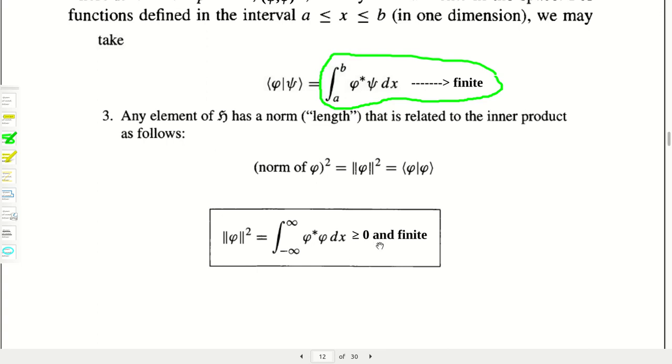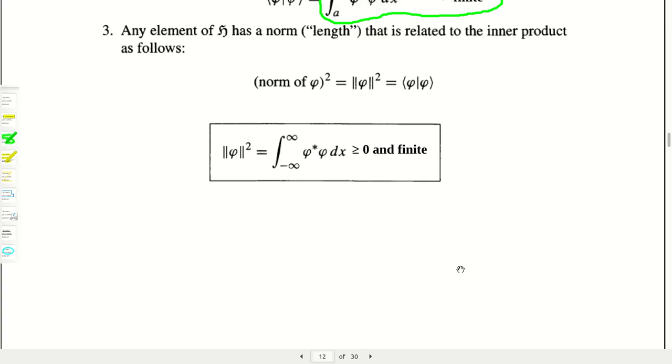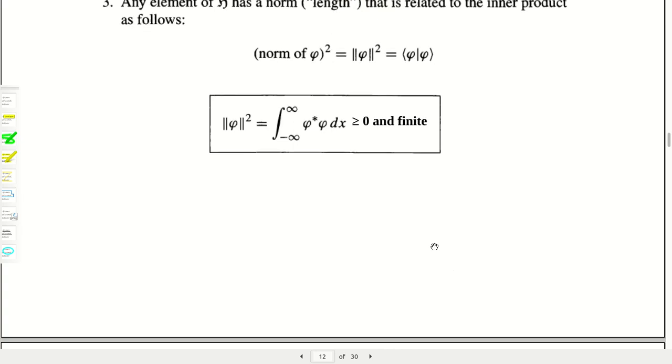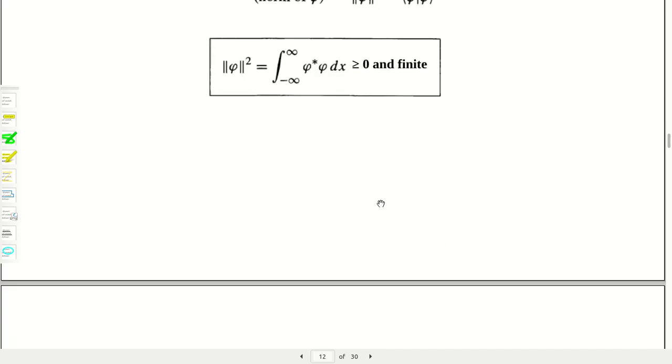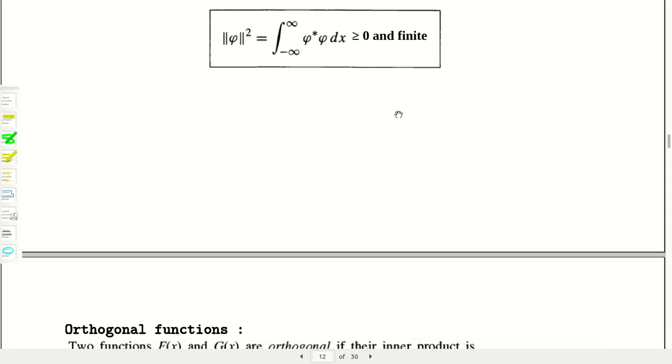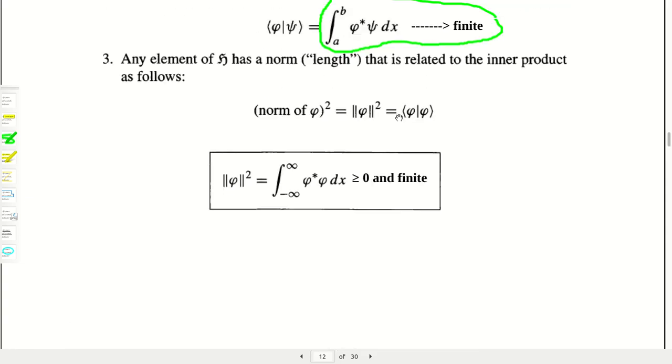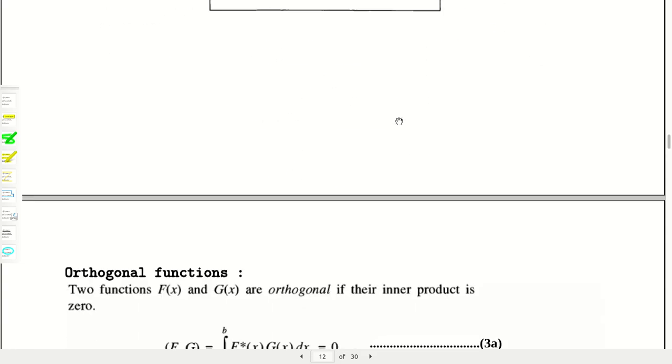Why greater than or equal to 0? You may think it should be 1, as it is a probability. But phi is not necessarily always a wave function, so it is greater than or equal to 0 and finite. It may be 1, it may not be 1. If it is not normalized, it will not be 1. If phi is normalized, it should be 1, but the rule is greater than or equal to 0. Keep this in mind.